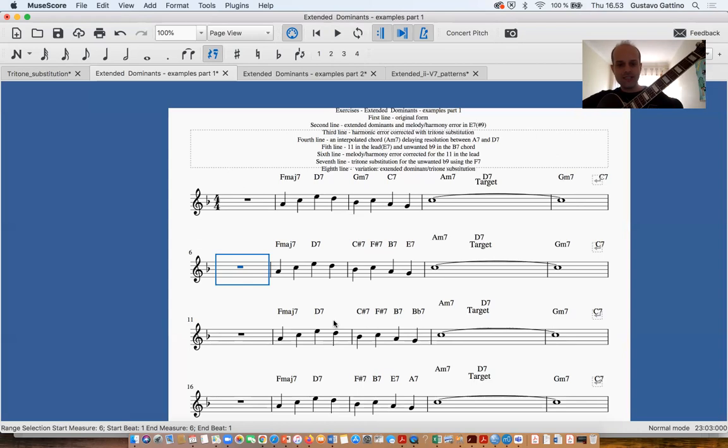So now let's listen when I change the E7 and use the B flat 7, just to hear the result.